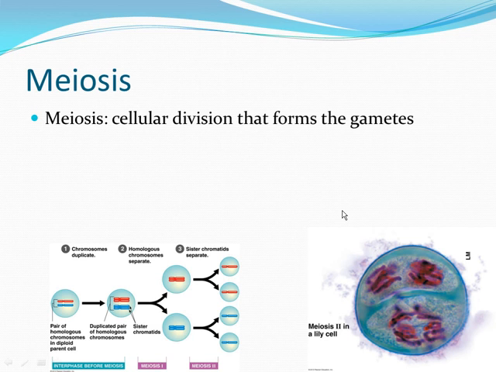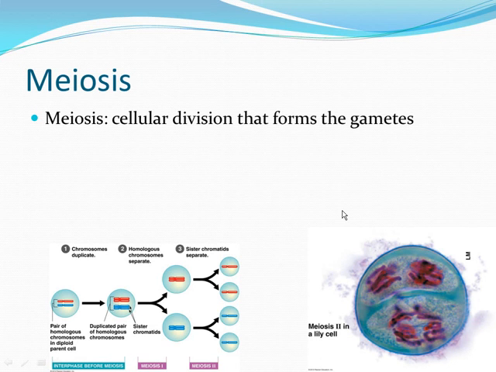Together they make 46. A sperm with 23 plus an egg with 23 when they form a fertilized egg. There are some genetic defects which we will talk about later, but if it happens normally, 23 plus 23 equals 46 chromosomes.